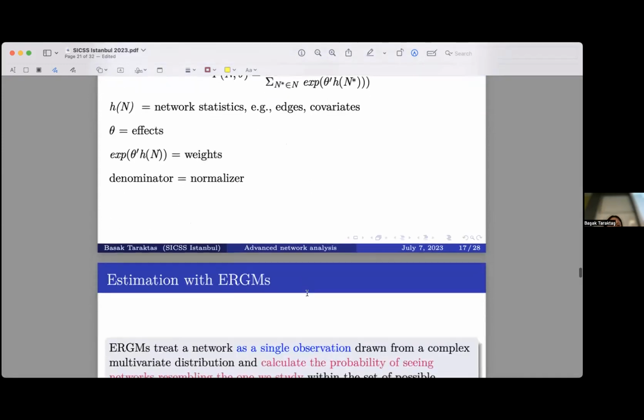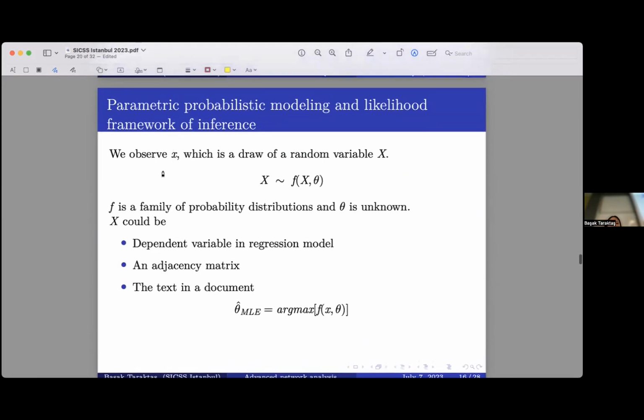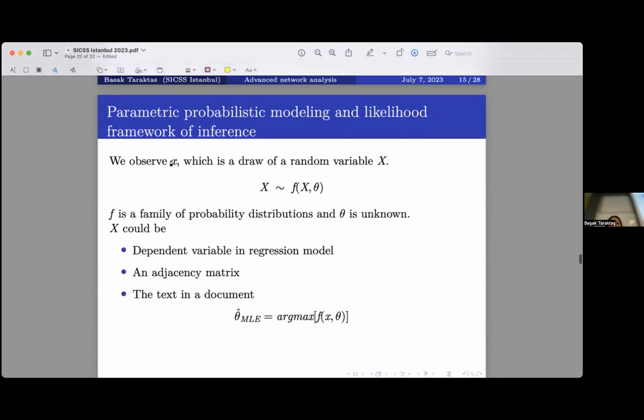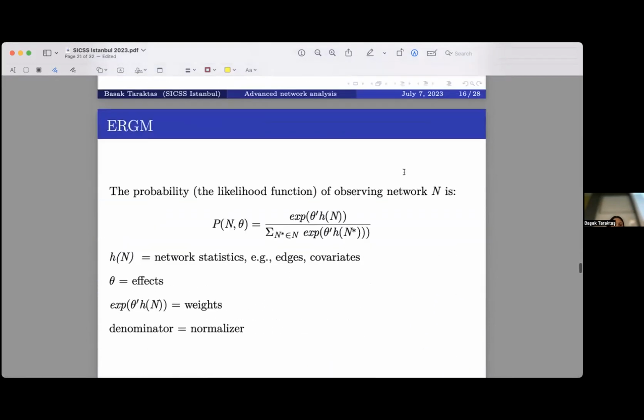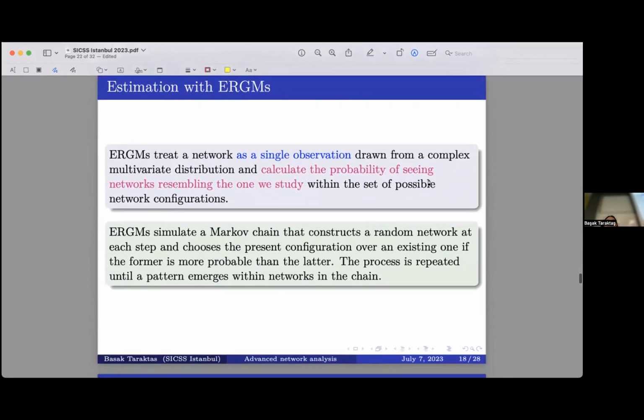That's the idea behind ERGMs. They treat a network as a single observation, hence this idea that X is a draw from a random variable. So this is your network, which is drawn from a set of random networks, and you're calculating the probability of seeing networks resembling the one we study.